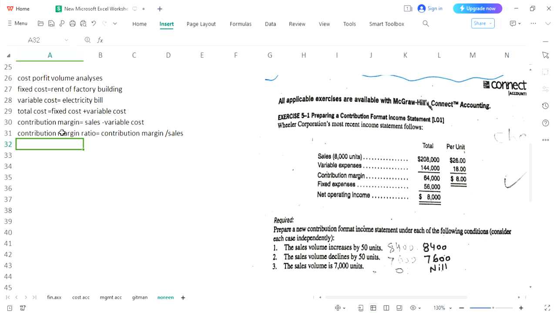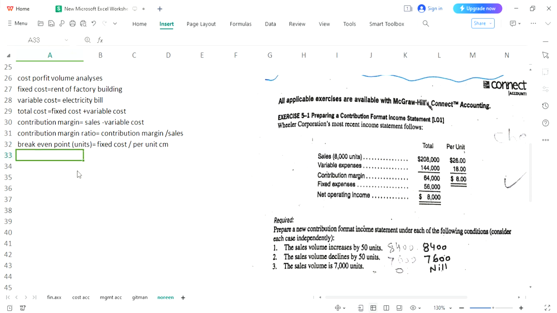In a similar way we have discussed break even point, but that break even point had an aspect of units. How would you calculate your break even point? If you have the number of units, you choose fixed cost, and then you divide it by per unit CM, or per unit contribution margin.